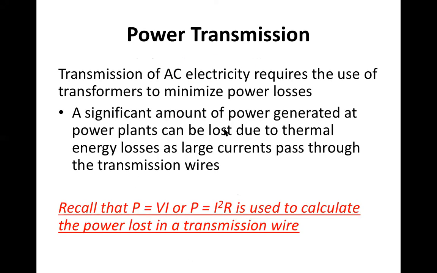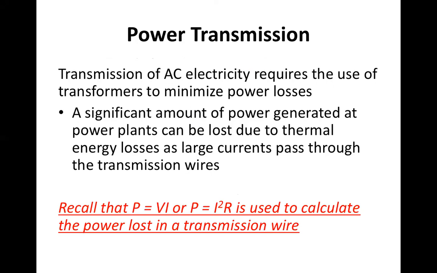Okay, so let's talk about transmitting electricity. Recall that alternating current is when the direction of the electrons changes a certain number of times per second. When we plug things into an electrical outlet, 60 times per second, the electrons are changing their direction.